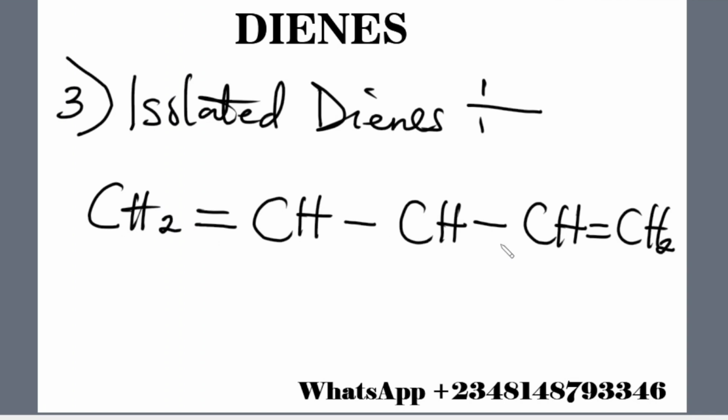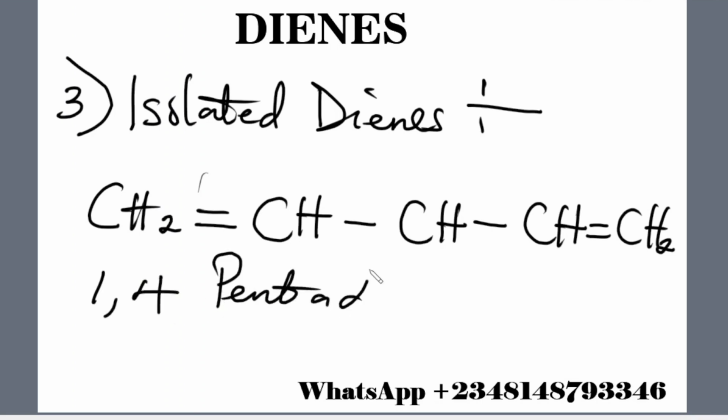We have a double bond here, a single bond, another single bond, and a double bond. So these two double bonds are separated by more than one single bond. That is why it is called an isolated diene. The name of this structure is 1,4-pentadiene.